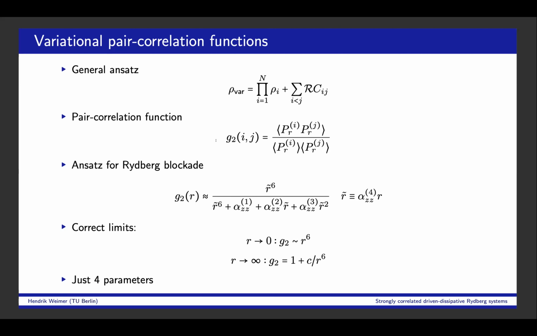In the small r limit, at 0 distance you have perfect blockade, and then this goes up like r to the 6, as a consequence of the van der Waals interaction. And in the large distance limit, it should eventually become uncorrelated, but there is a decay which is also going like r to the 6. That is also coming from the van der Waals interaction.